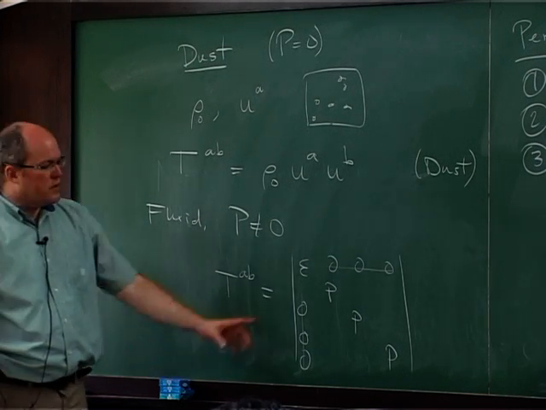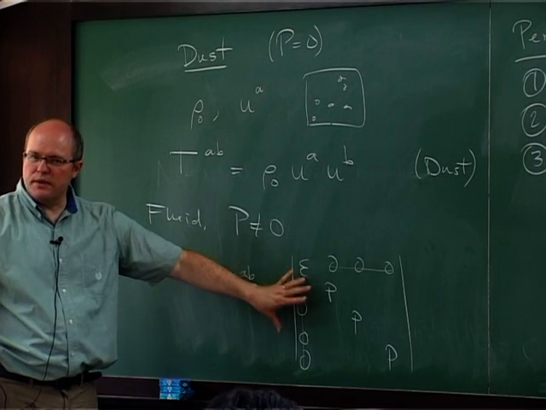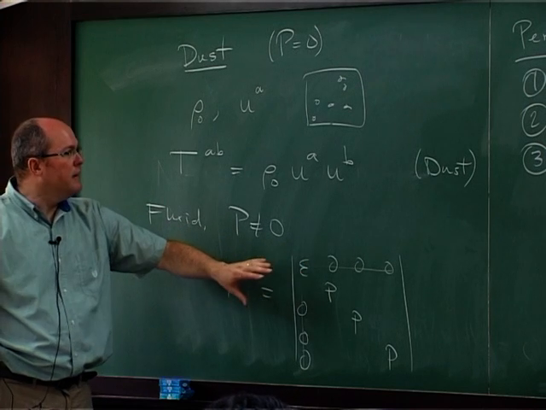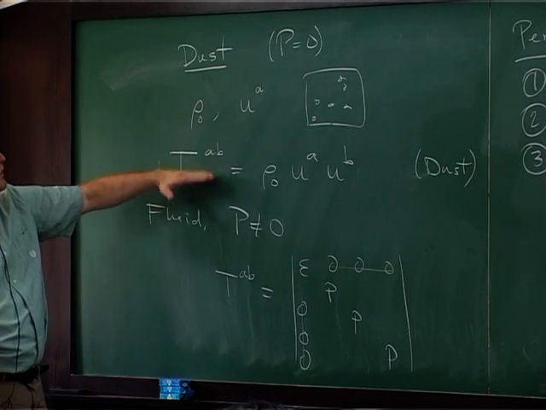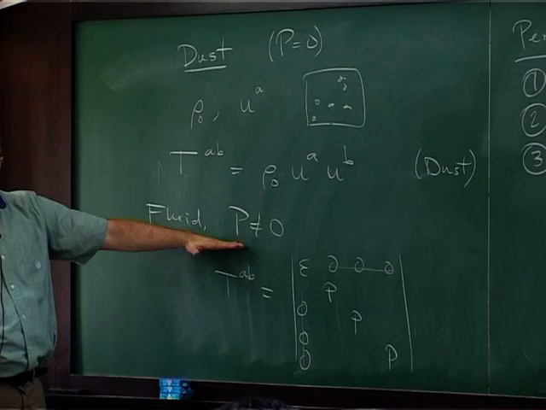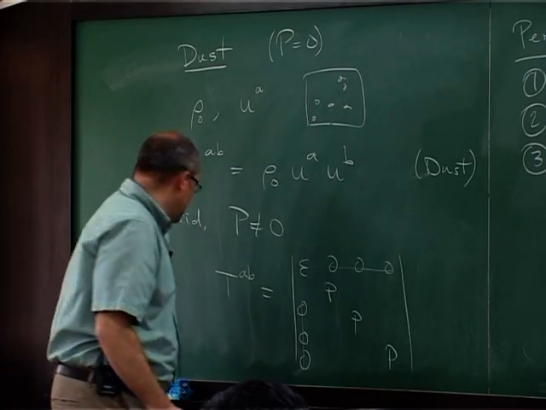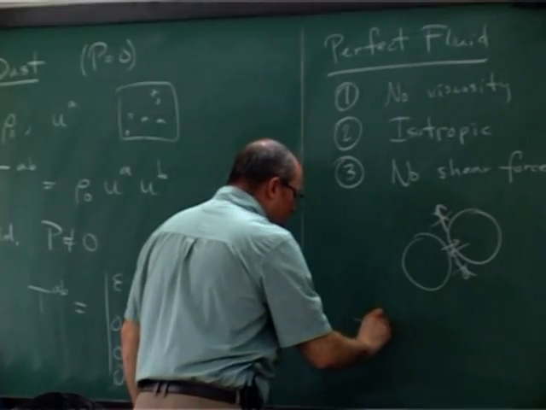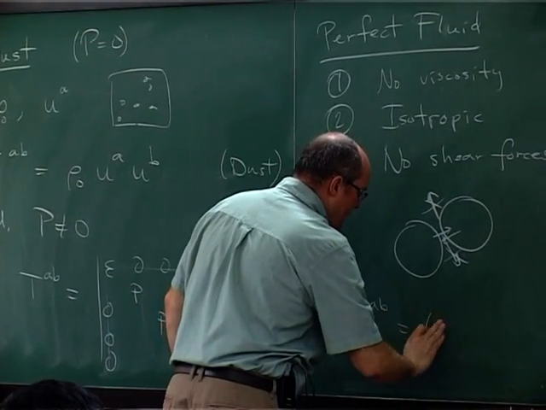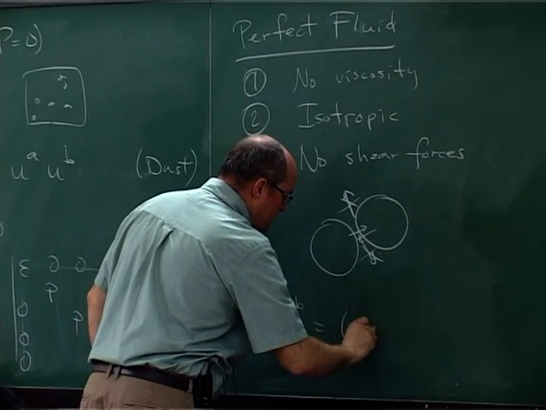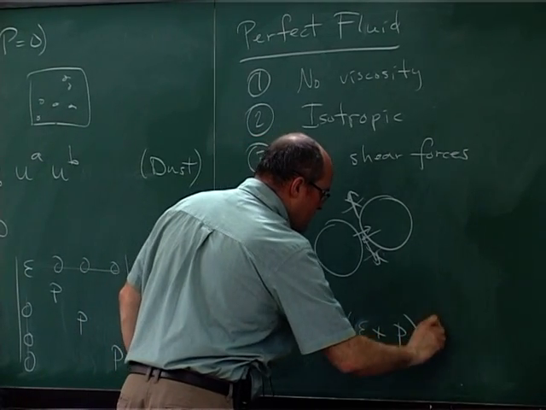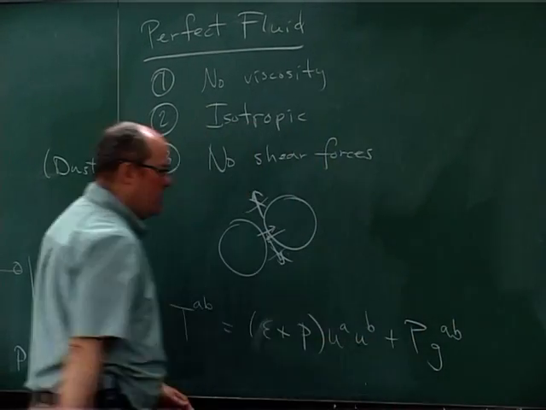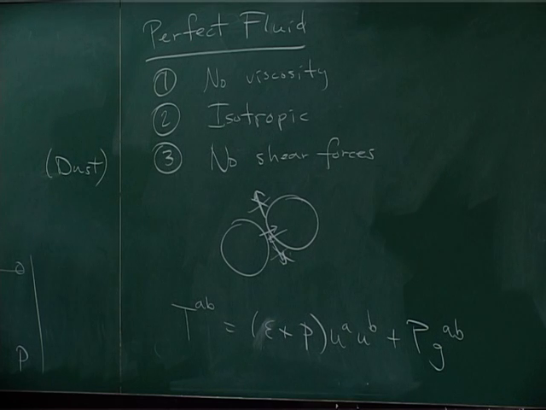I'm thinking of special relativity, just the rest frame of the fluid, to motivate the form of what it should look like. I come back up here and think, okay, how can I go from this to now adding in pressure? And the simple result is that for the perfect fluid, I have this.